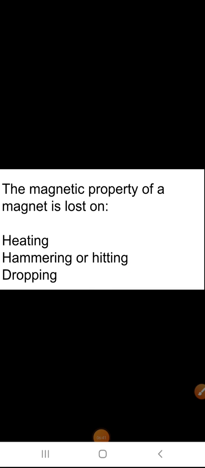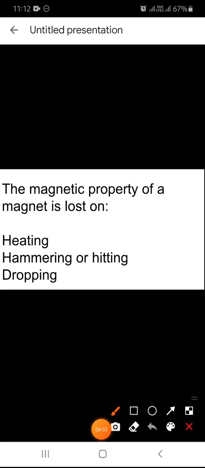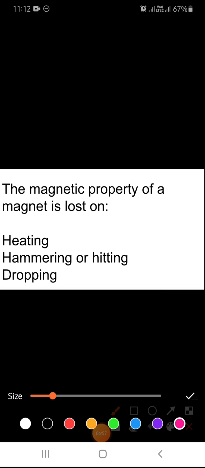Now let's study the preservation of magnets and how we can preserve a magnet. What happens when we hammer the magnet? The magnetic properties of a magnet are lost whenever we heat the magnet, hammer or hit it, or drop it.